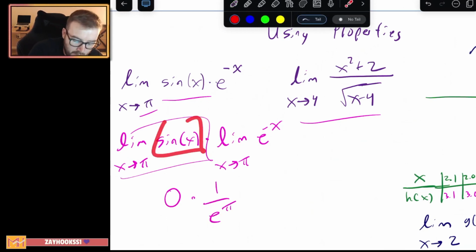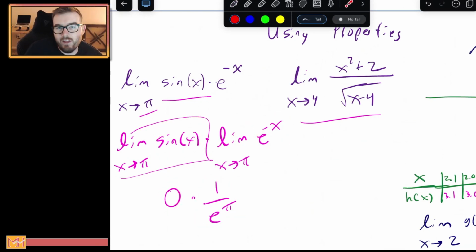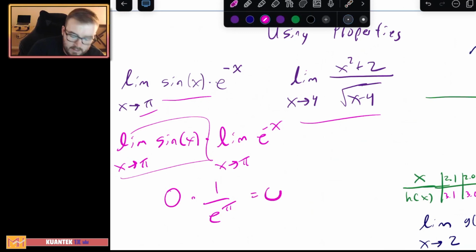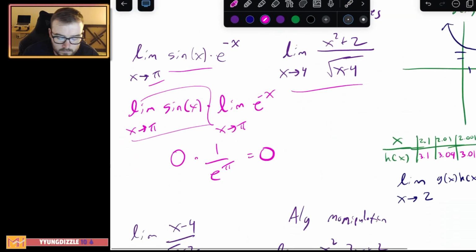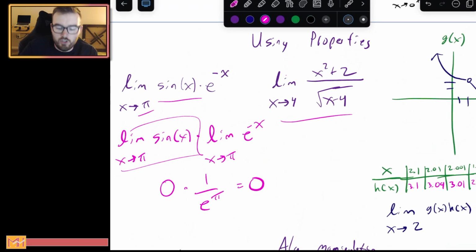So the sine part gave me 0, the exponential part gave me this, and then you end up with 0 times that. Well, 0 times anything is 0. Okay? But splitting it into chunks is kind of what I'm trying to get across here with using properties. You don't have to do it all at once.